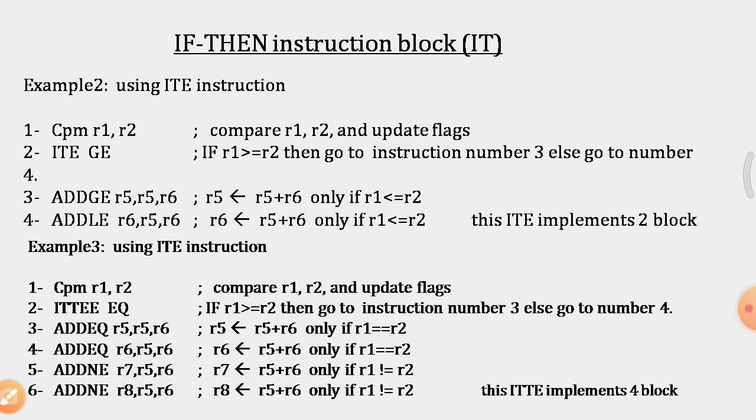So how is ITE going to be implemented? If R1 is greater than or equal to R2, then go to instruction number 3, that is ADDGE R5, R5, R6.